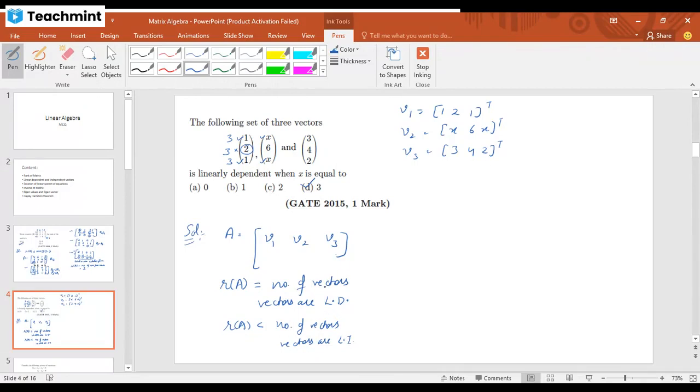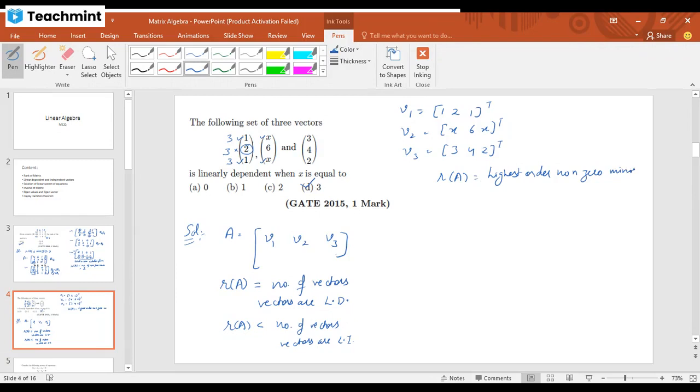We can use the definition of the rank of a matrix also. If we are given a square matrix, then the rank of the matrix is equal to the order of the highest order non-zero minor.